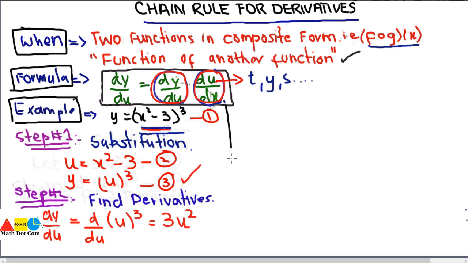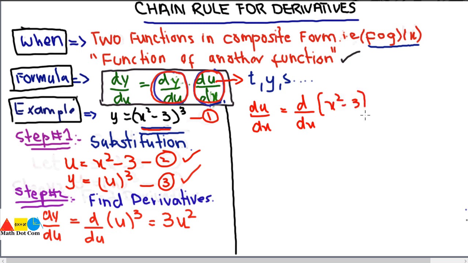Now we have to find du by dx. So du by dx is equal to d by dx of u. What is u? U is the substitution that we have made, so I'll write x square minus 3 here.